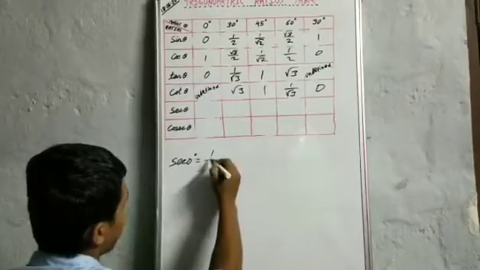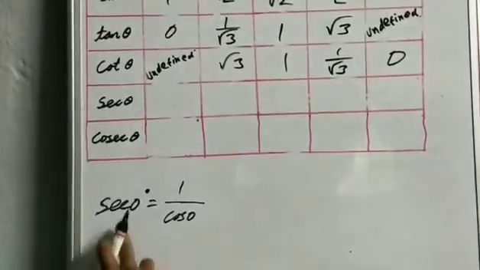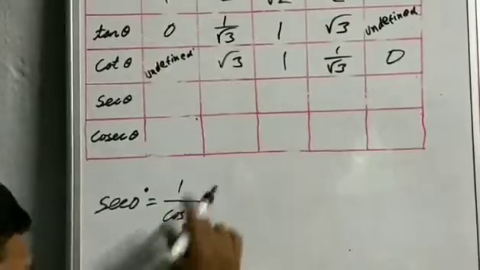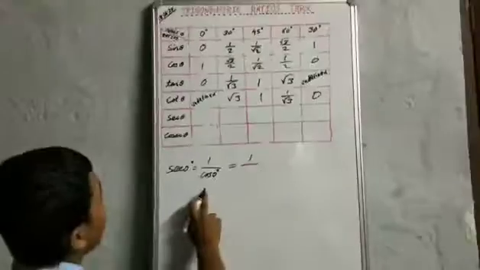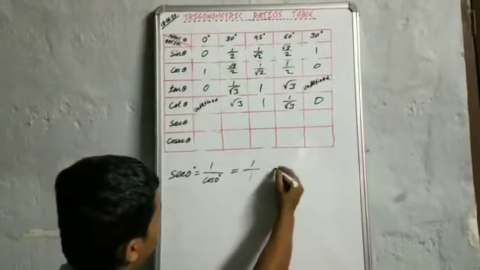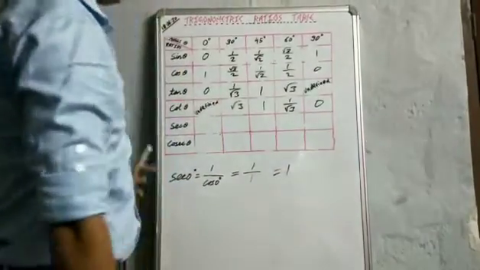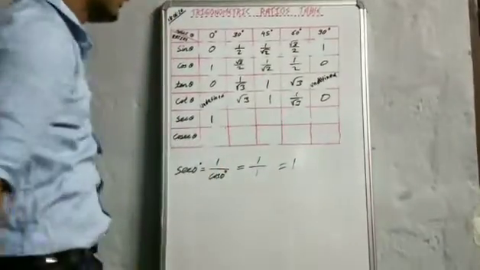Sec 0 degree is the inverse of cos 0 degree. So the value for cos 0 degree is 1. Therefore 1 divided by 1 gives us 1. So the value for sec of 0 degree is 1.